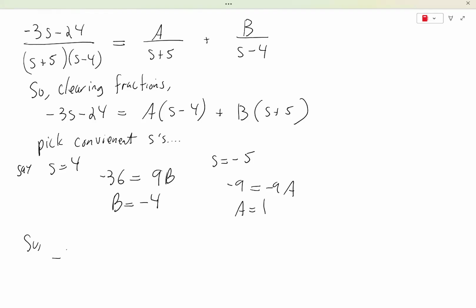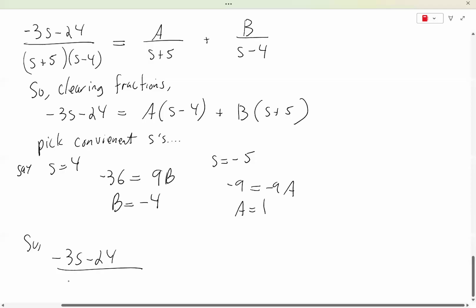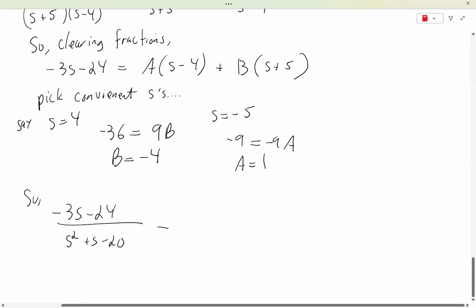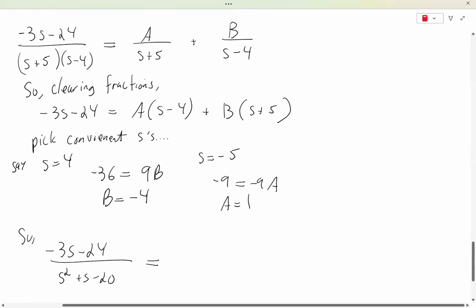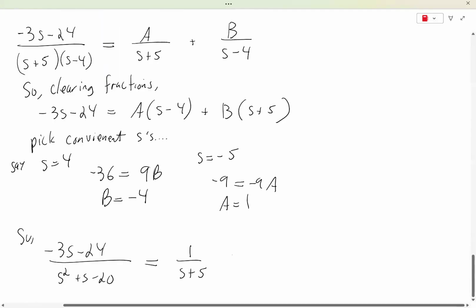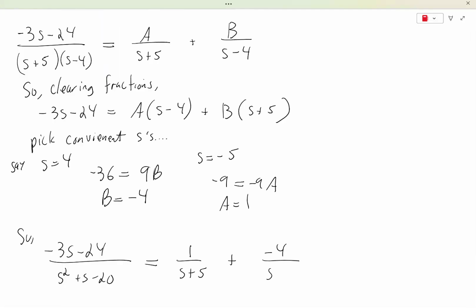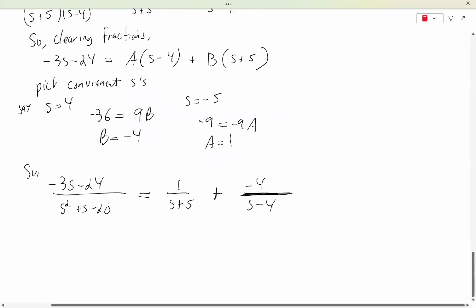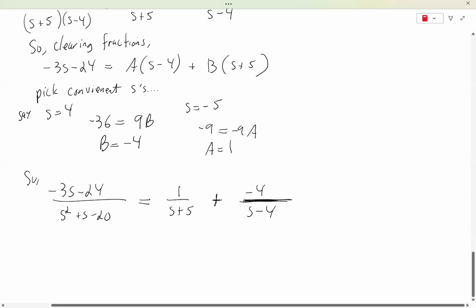So we got that negative 3s minus 24 over s squared plus s minus 20 is equal to 1 over s plus 5, plus negative 4 over s minus 4. So you can end up writing it like this. That's our F of s. I'm going to finish this problem up, and I'll show you another way to do it that's a little bit easier too.